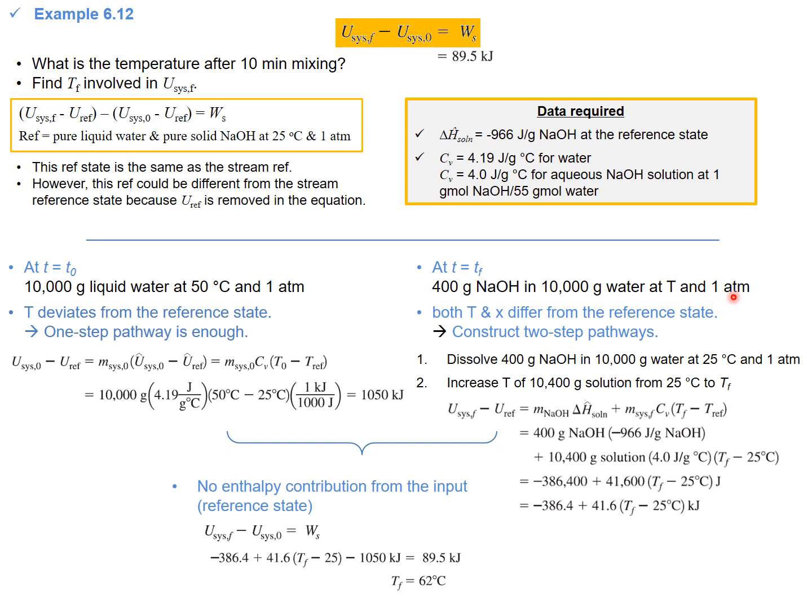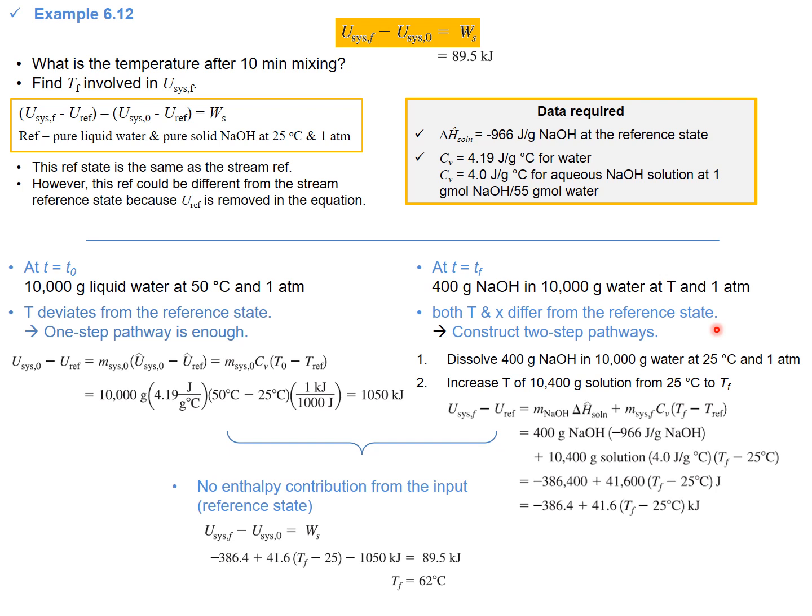What was the reference state? Pure liquid or pure solid sodium hydroxide at 25 Celsius degree. In this case, temperature is not the 25 Celsius degree. Also, composition is not the pure one. 400 gram sodium hydroxide in 10,000 gram water. That is the composition. So, both temperature and composition differ from the reference state.